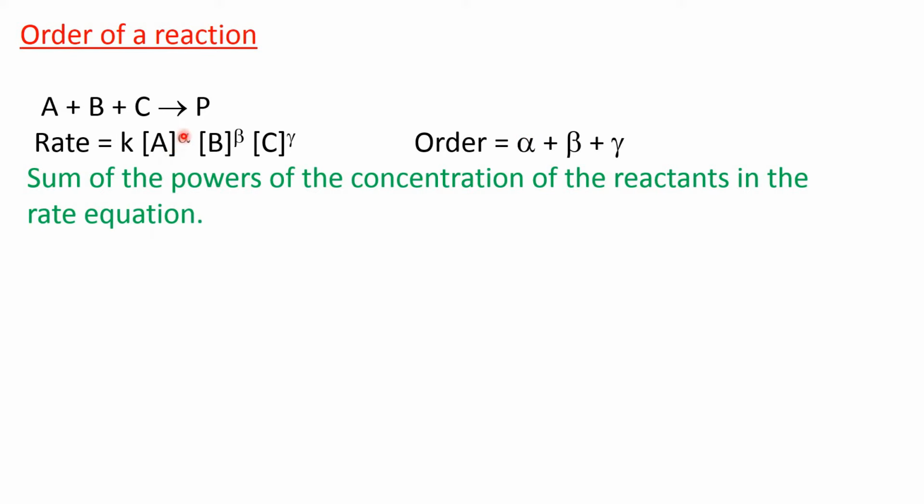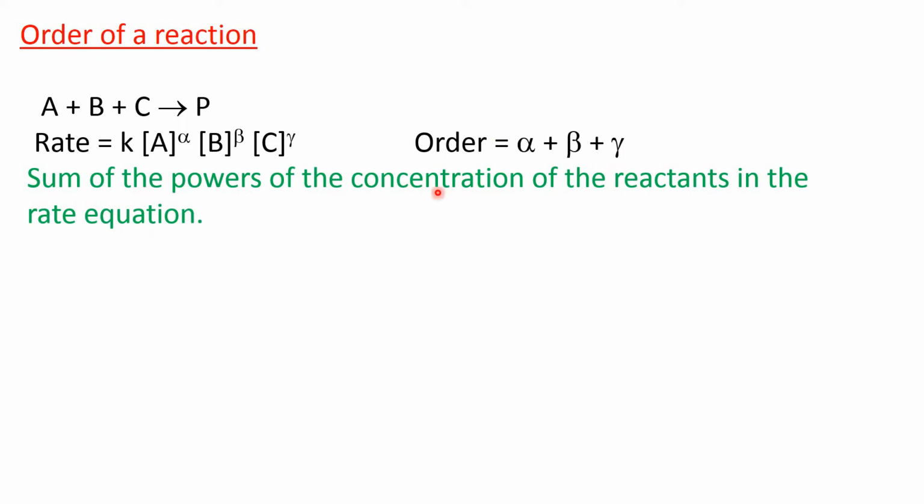And alpha is known as the order of the reaction with respect to A. Beta is the order of the reaction with respect to B. Gamma is the order of the reaction with respect to C. And overall order is alpha plus beta plus gamma.